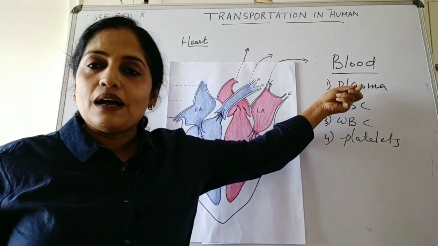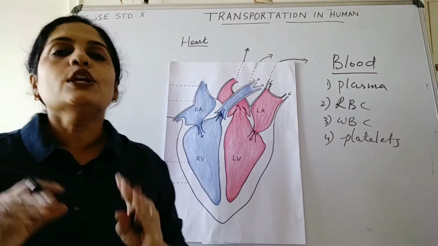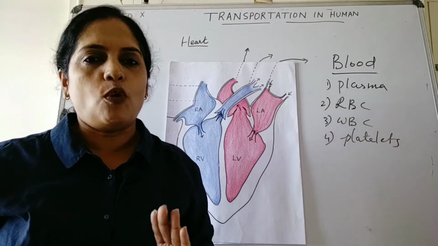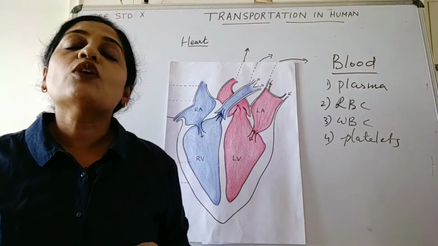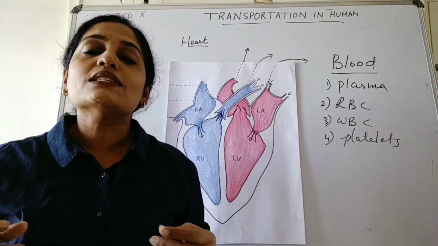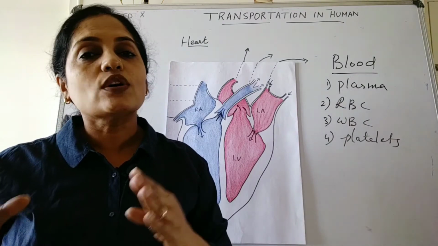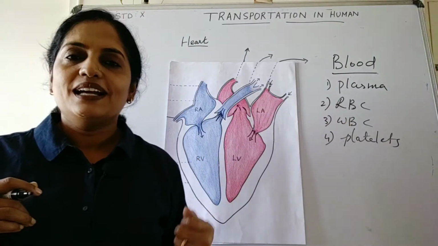This plasma carries nutrients and waste materials in liquid form or in dissolved form. And RBC contains a special pigment called hemoglobin. This hemoglobin carries oxygen in the form of oxyhemoglobin. Then what is the function of WBC?